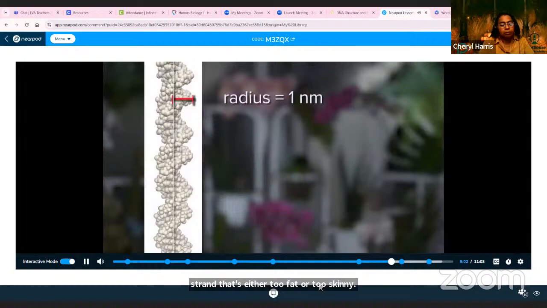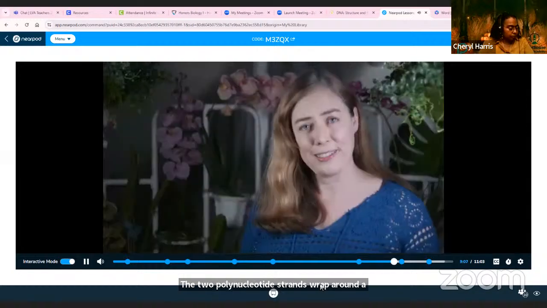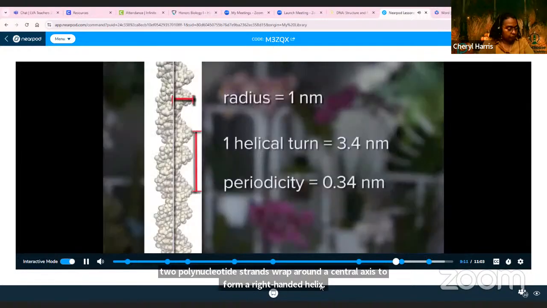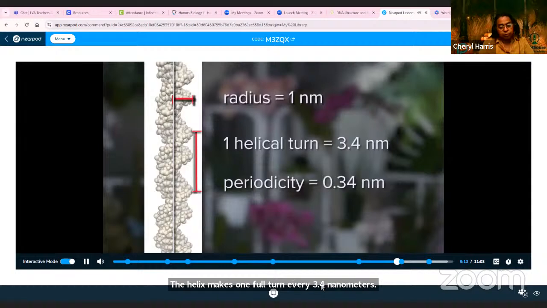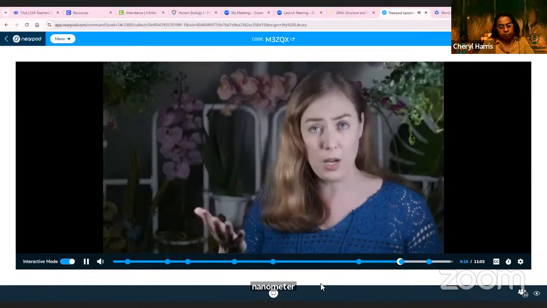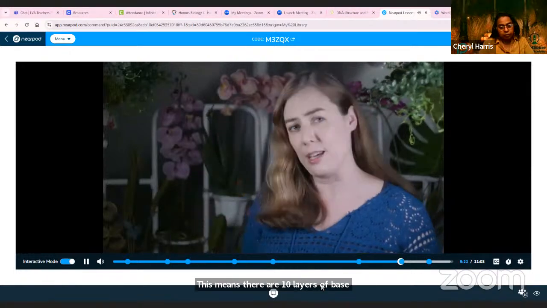The two polynucleotide strands wrap around a central axis to form a right-handed helix. The helix makes one full turn every 3.4 nanometers, and there's a 0.34 nanometer distance between nitrogenous bases. This means there are 10 layers of base pairs, or rungs, per turn of the helix.